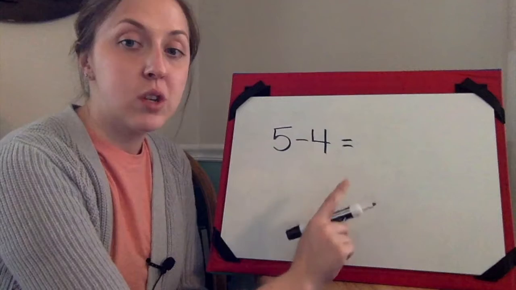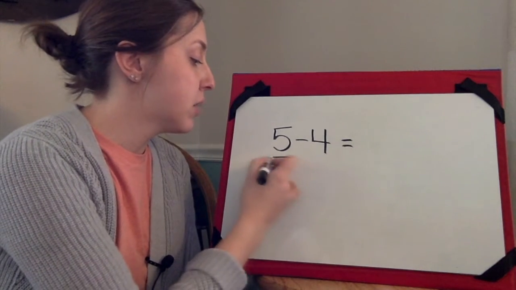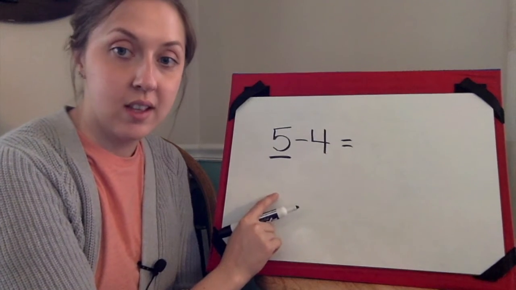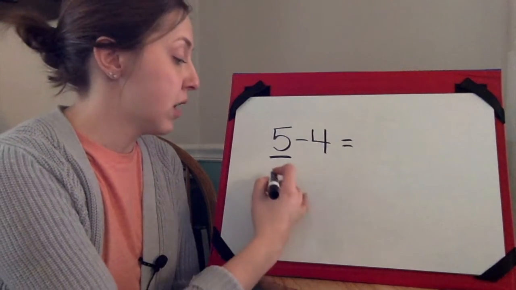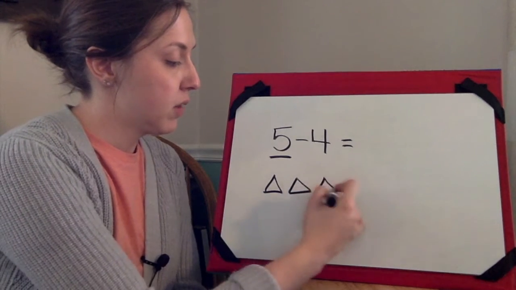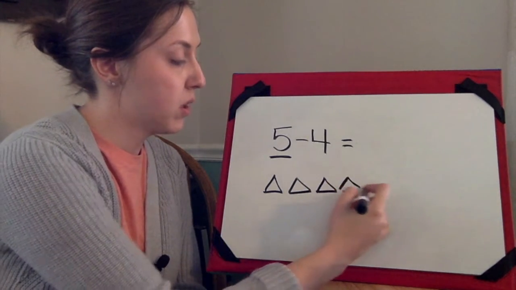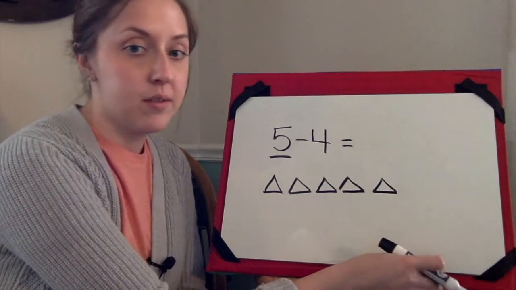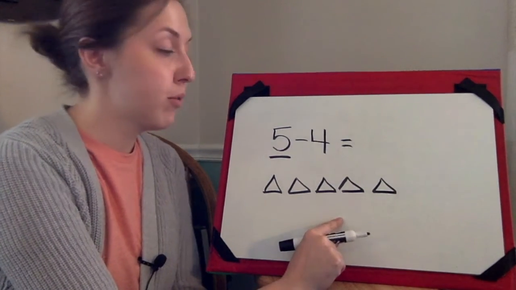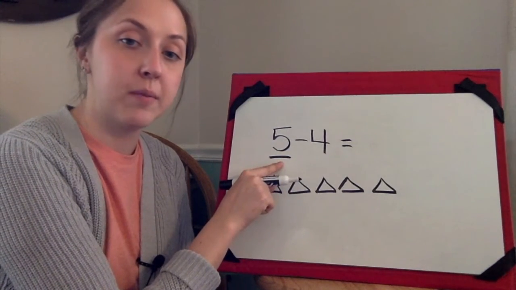The only picture I'm going to draw is what the first number tells me. This number is 5, so I'm going to draw 5 things. This time, I'm going to draw triangles. 1, 2, 3, 4, 5. How many triangles did I draw? 5. 5 matches my first number.